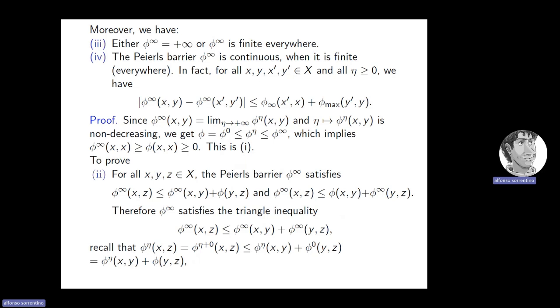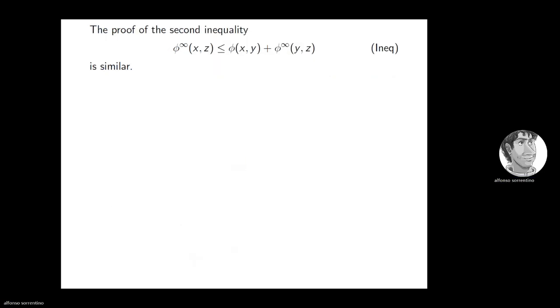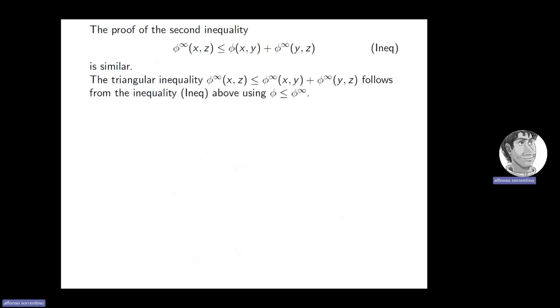So we get the first inequality, this one, when we let eta go to infinity. Now, the other one is similar, and the triangle inequality follows.